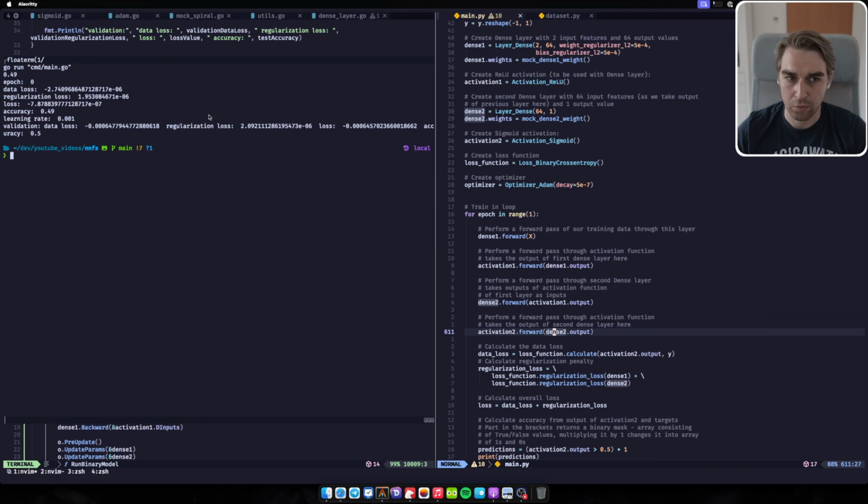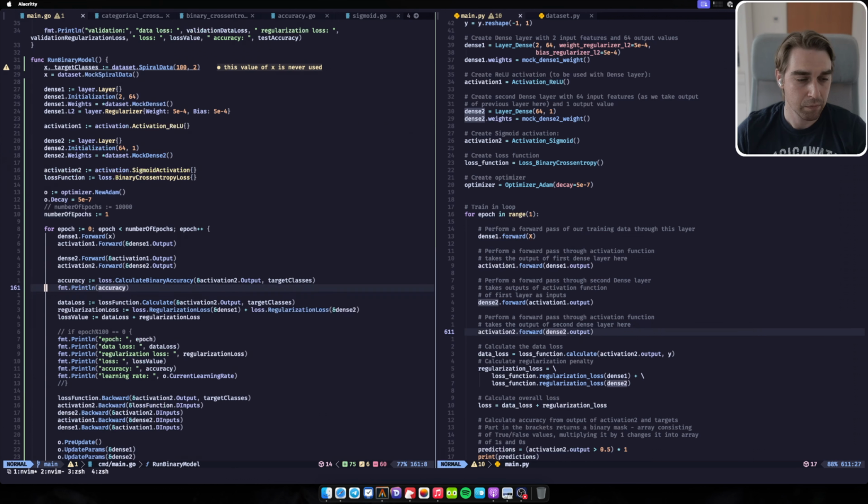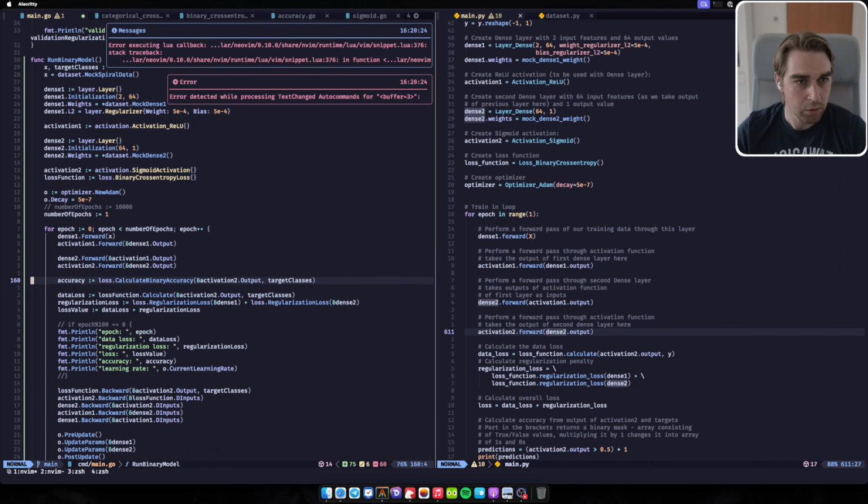I have some value for the regularization loss, which could be the case too. Weight regularizer, bias regularizer. Interesting.